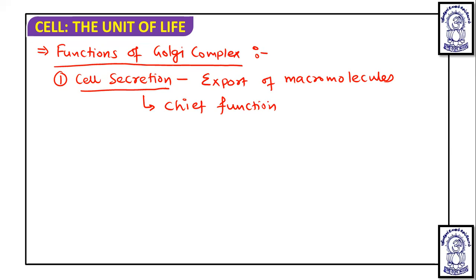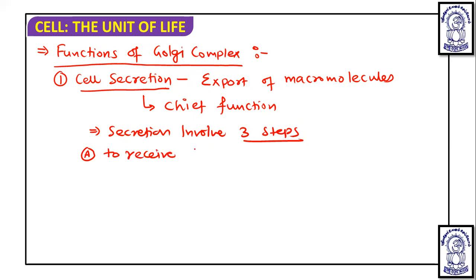And when we talk about this, secretion involves three steps. Number one, we can say A, that is to receive the material from ER through the cis face.